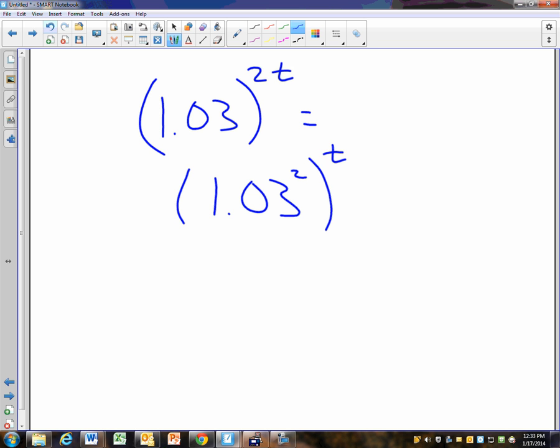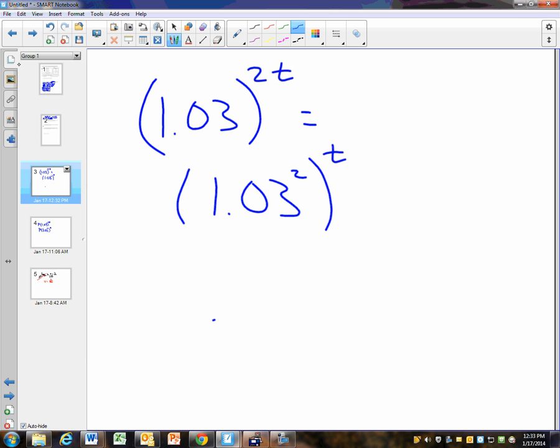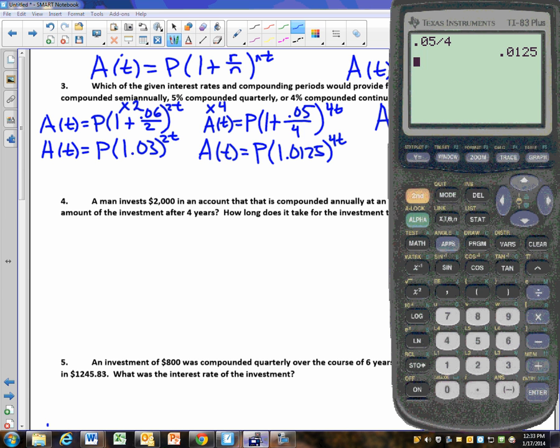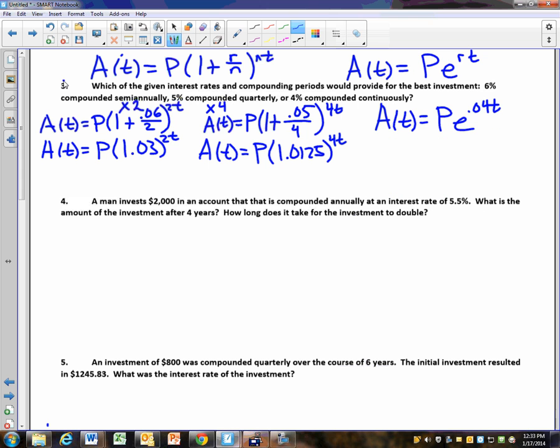Exponent to an exponent, you multiply them. So we can take that number in the exponent and apply it to come up with a better representation. Yep, you sure could. So let's do that, and we'll come out with a nice equation. 1.03 raised to the second power is 1.0609.